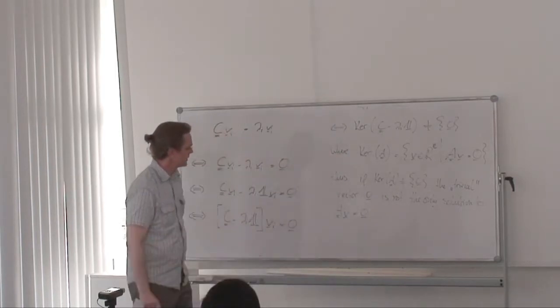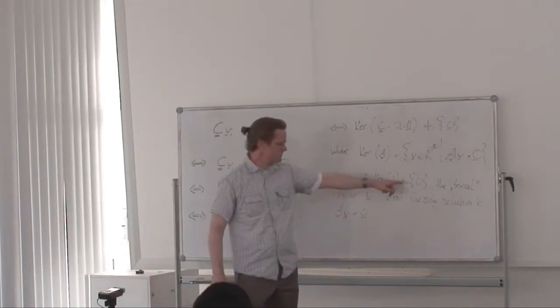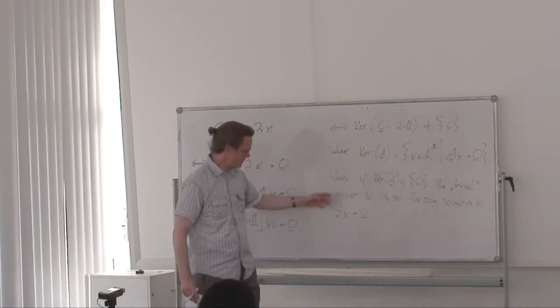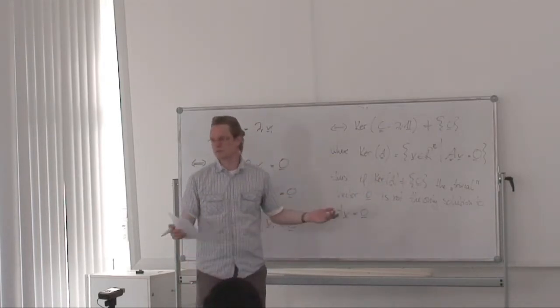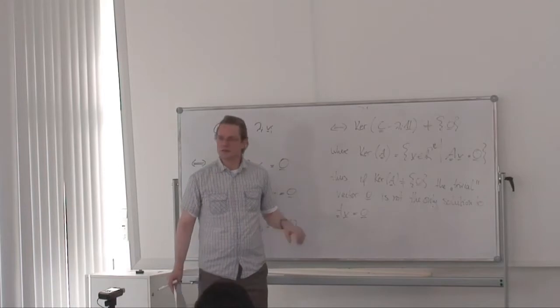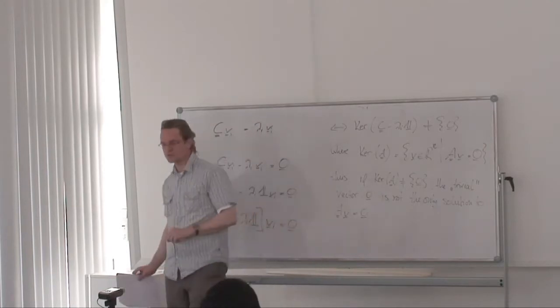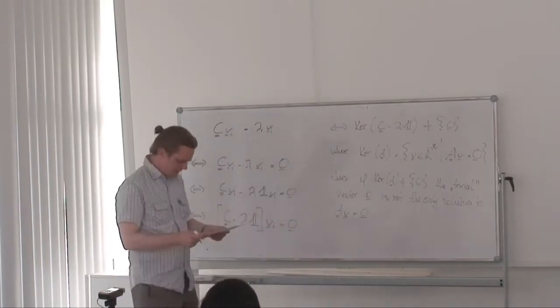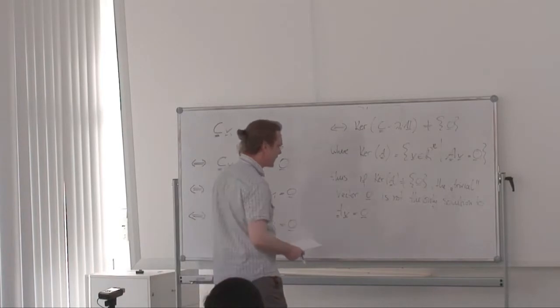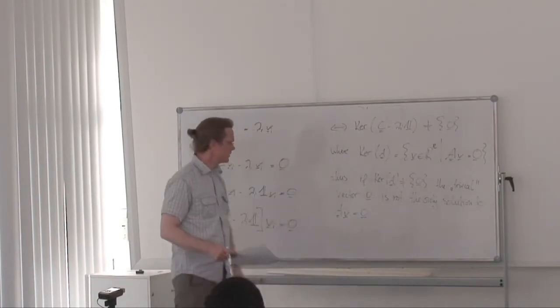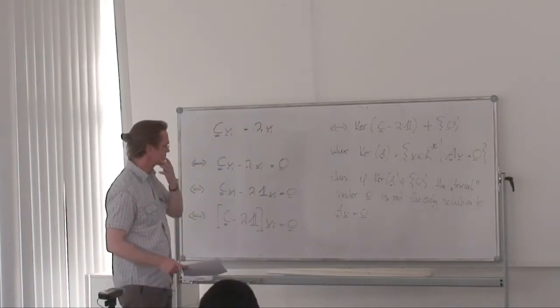If the kernel contains more elements than just the trivial solution, because if we multiply some matrix with the zero vector, we get a zero vector, that's trivial. If there are more solutions to this problem, then the kernel of A contains more than just one element.